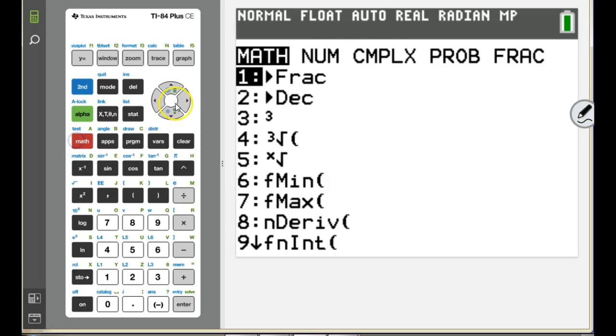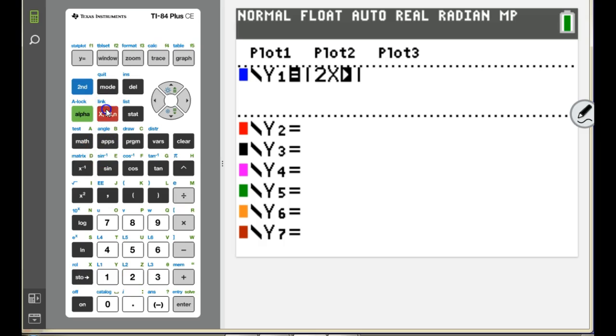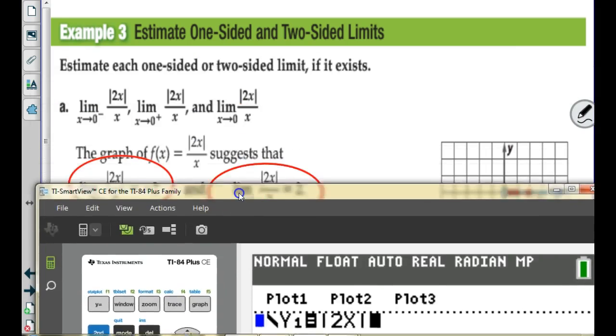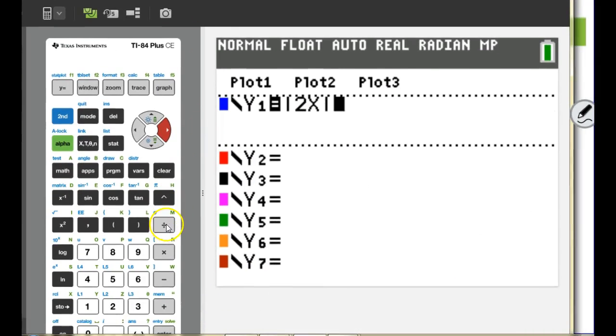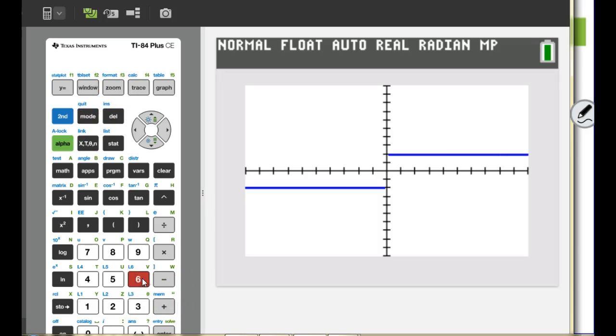It's under math, arrow to the right. Absolute value. Then we're going to put 2x in there. Then either close parenthesis or go out of the absolute value box, depending if you have an older calculator. And then divided by x. I'm thinking we can just do a standard window, so zoom 6, and we get this picture.